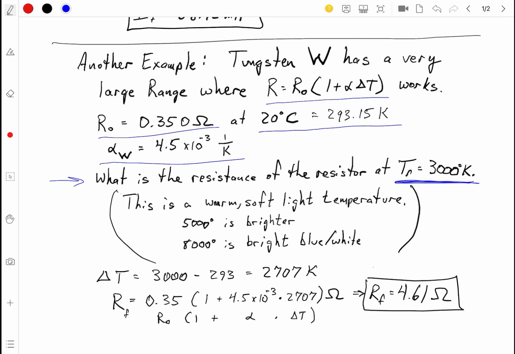Now, why do we care about this temperature? I don't know if you guys have gone to Lowe's or Home Depot or Amazon trying to buy light bulbs. When you're looking for really bright light, white light, it gets whiter. It starts off as a nice, warm, soft light, and everybody uses about 3,000 Kelvin for that. Then 5,000 Kelvin makes it a little bit whiter, a little bit less warm.